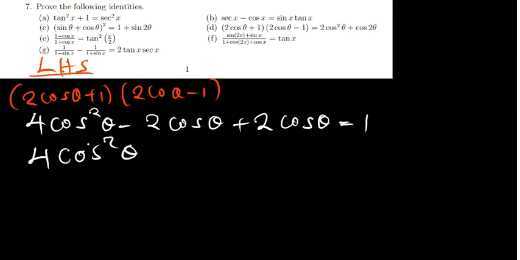Then 1 times 2 cos theta is going to give me plus 2 cos theta. Then 1 times negative 1 is going to give me negative 1. Let's see. So we are going to have 4 cos squared theta minus 1. These two can cancel.